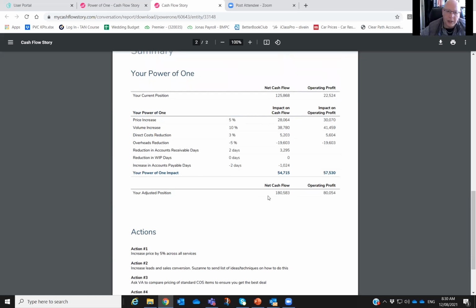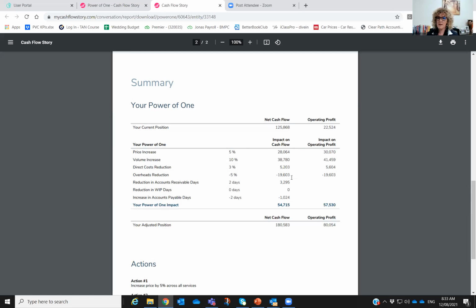So this is high end, but suddenly it gives the client the confidence to say, well, actually, if I do this 5% increase, I know it's going to bring in another $30,000 in profit. And that hits the bottom line straight away. So it gives them permission. And that's probably all a lot of people need, is permission to make the changes in their business with confidence.